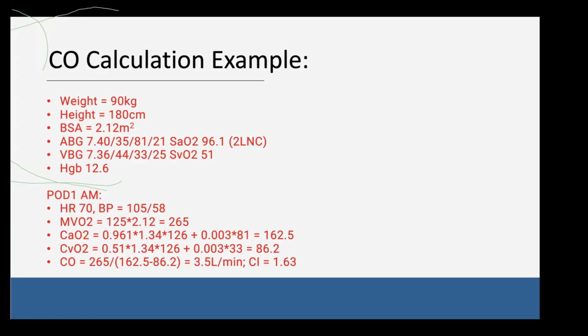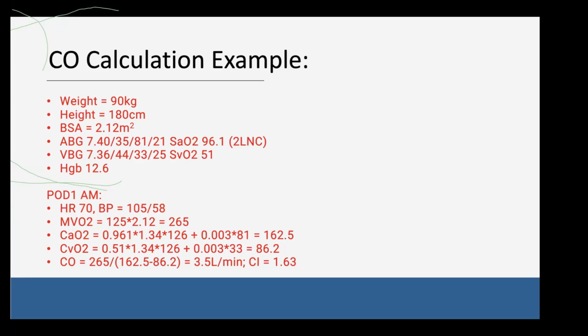So just a few comments. Both the cardiac output and cardiac index are relatively unchanged from the previous one on admission from theater, at which point the patient was on 50% oxygen and on some pressors.